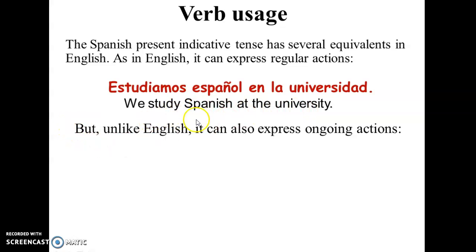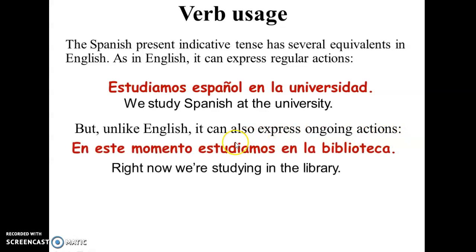But unlike English, you can also express ongoing actions. And so in Spanish, even though we are expressing an ongoing action, we still use the present for that. En este momento, estudiamos en la biblioteca. So here we're using the present tense meaning we are studying.